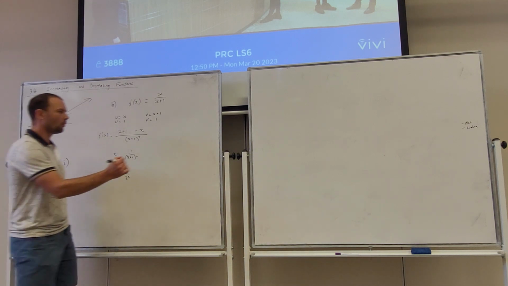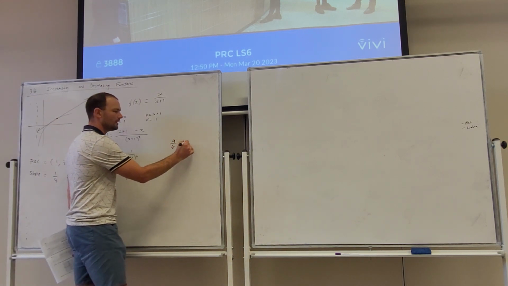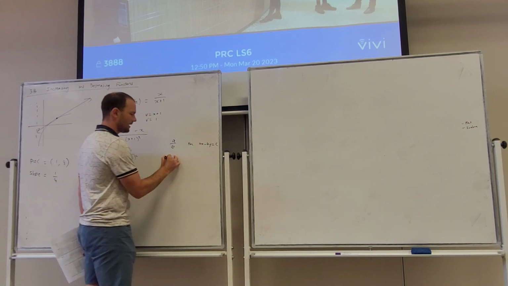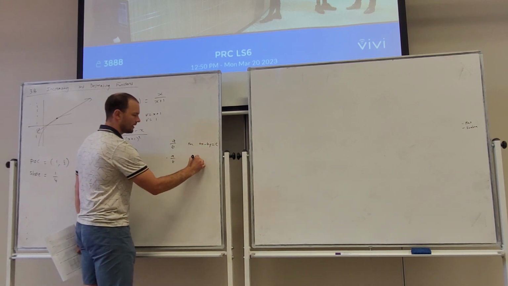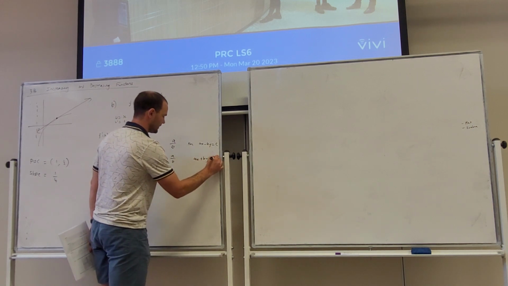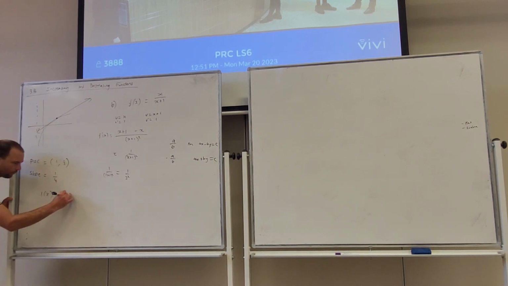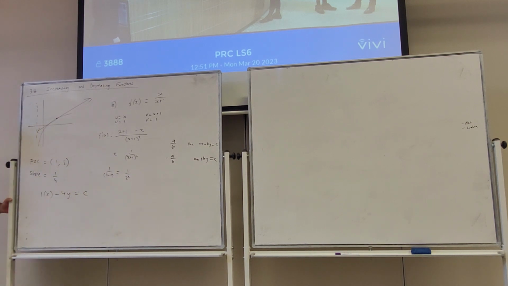Okay, back to general form. If we have a on b, then ax take by is c. If we have negative a on b, then ax plus by is c. We have positive 1 on 4, which means the equation of the line is 1 lot of x, take 4 lots of y equals c.